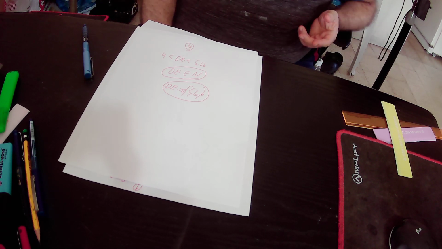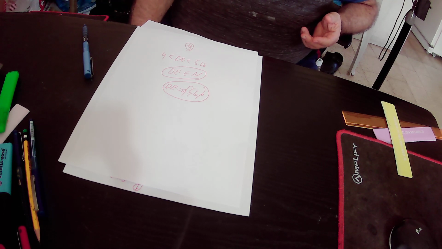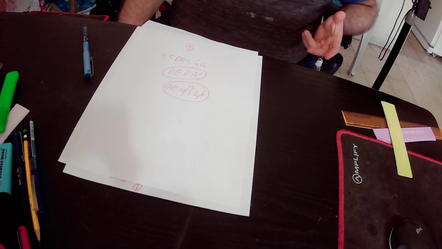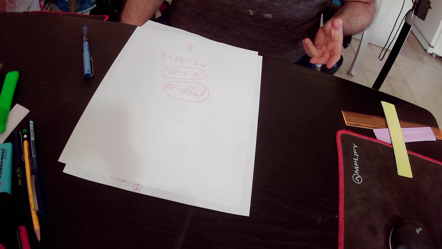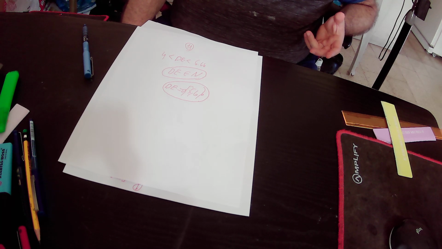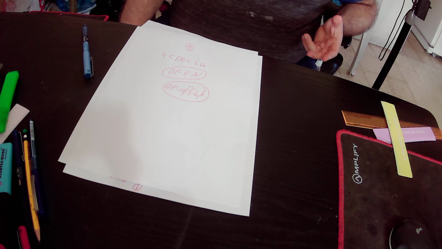But we also know that DE is a natural number. So which natural numbers are greater than 4 and smaller than 6.66? The only two natural numbers greater than 4 and smaller than 6.66 are 5 and 6.